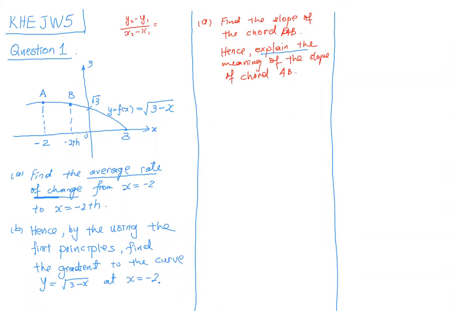Why is this f(x plus h) minus f(x) over h? You have to know. Because the chord is a straight line. So this is the slope of a chord.